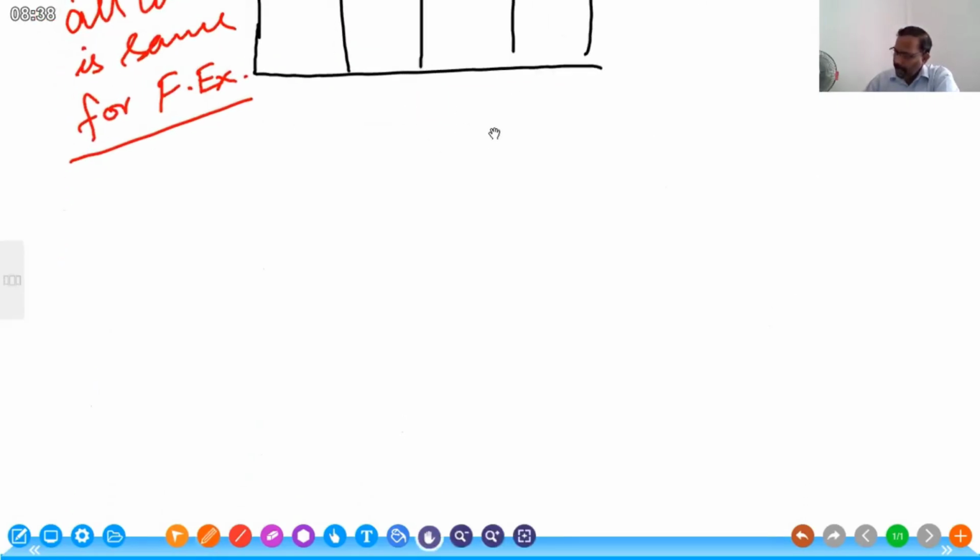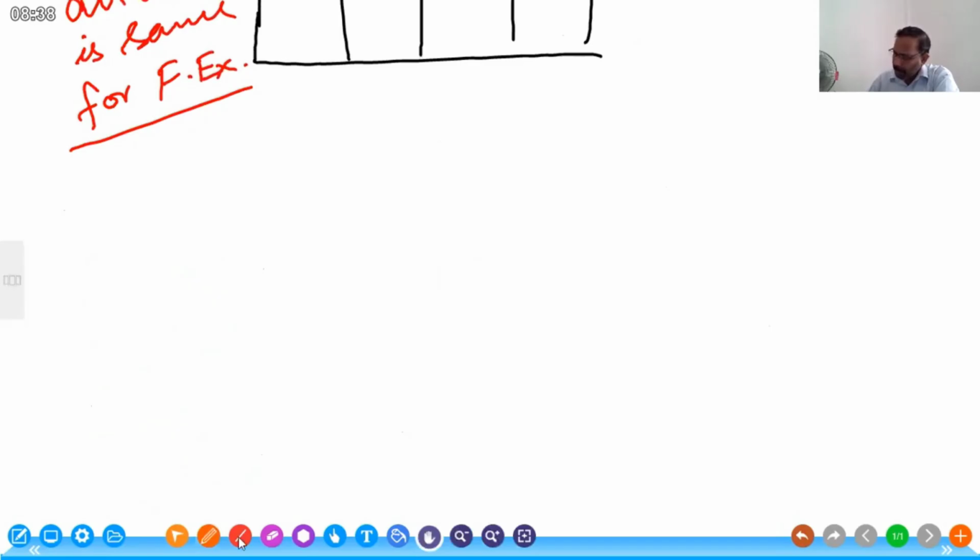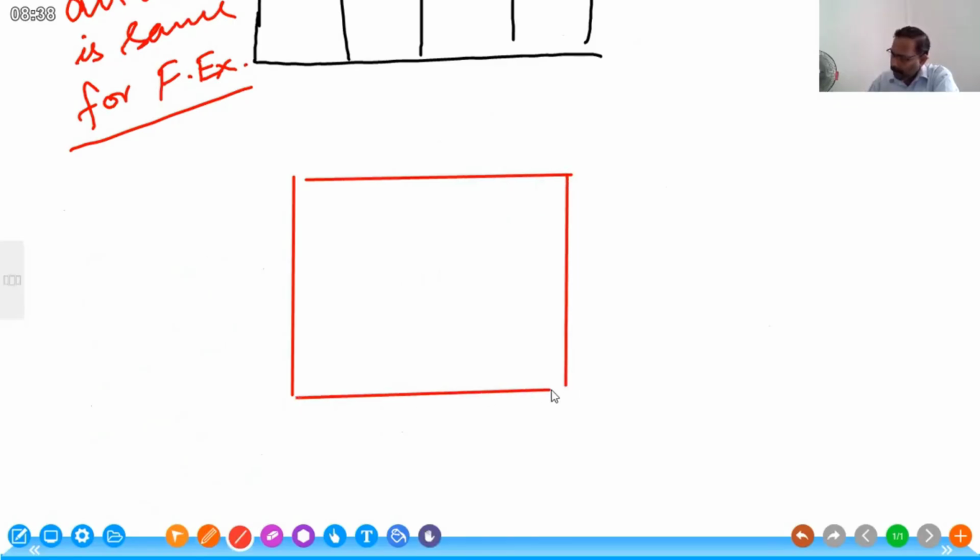I'm going to talk about the split plot design. I'm just giving initial information, then we will go back. So it should be equal. Assume these are equal.